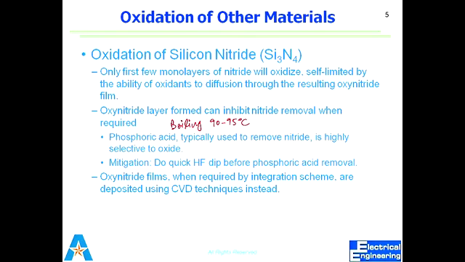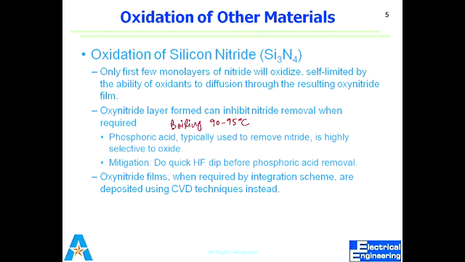So as it says, self-limited by the ability of oxidants to diffuse through the resulting oxynitride film. If you have listened to the last lecture, you should understand this statement, that I told you there is one that is named a diffusion limited reaction, and one that is named a reaction rate limited process.